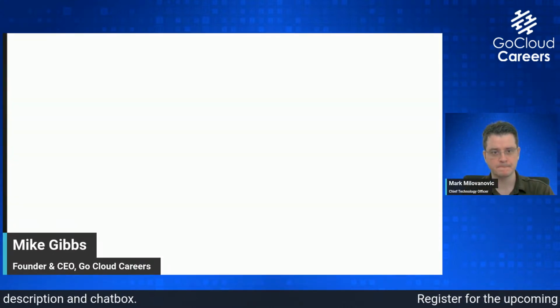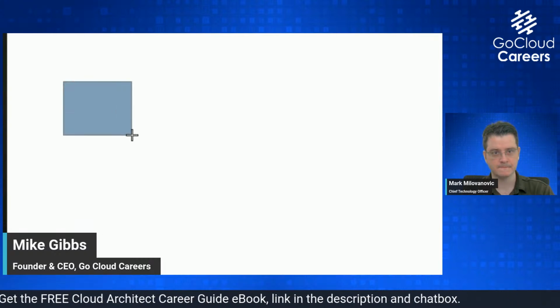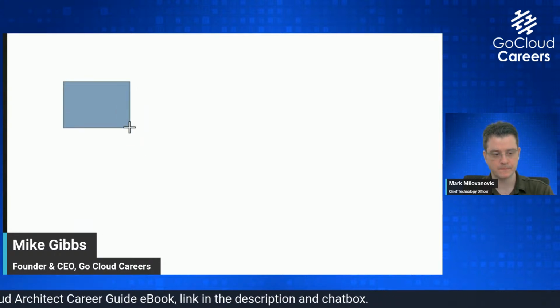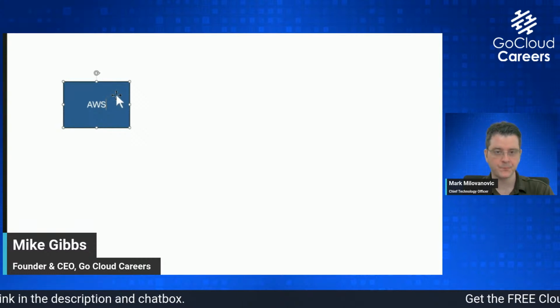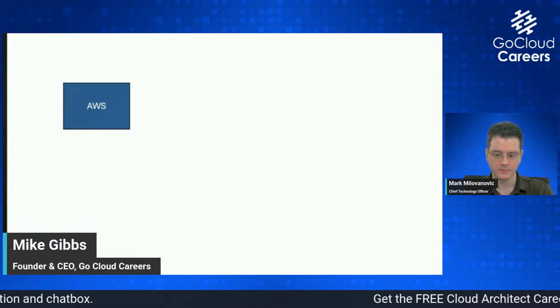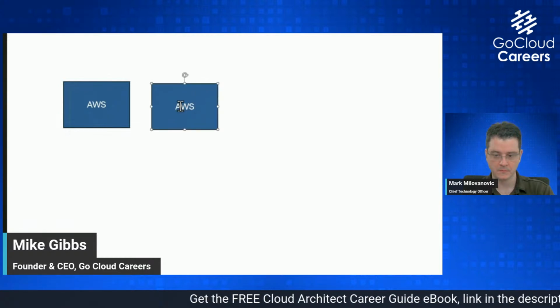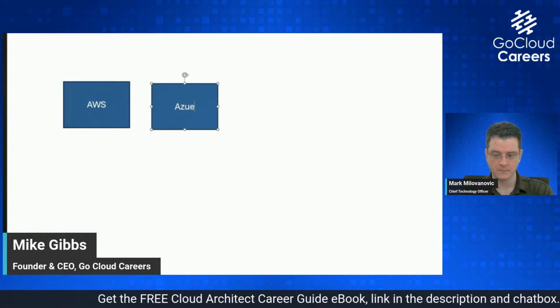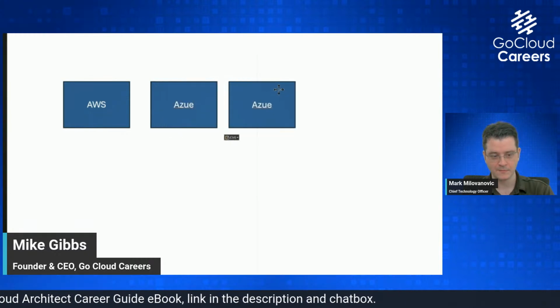And what these SIEM systems are going to do, which we'll usually put in either on a server or they're managed for us, is, let's say this is AWS. And let's say this is Azure. Heck, while we're at it, instead of Nutanix, let's just make it Google.